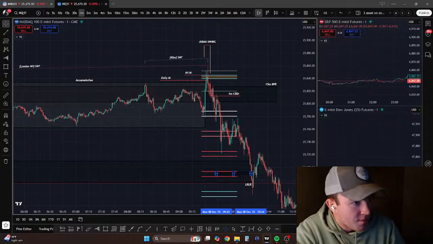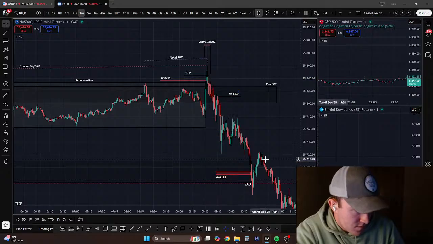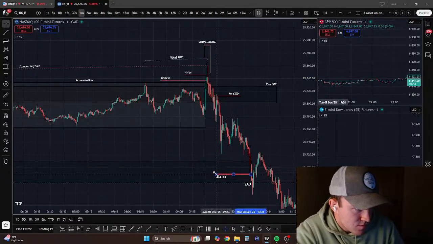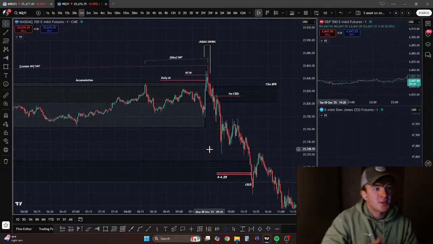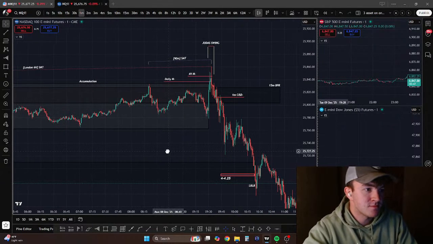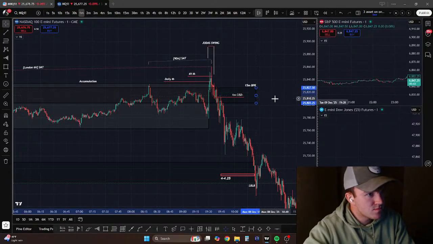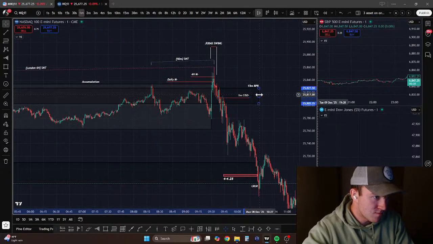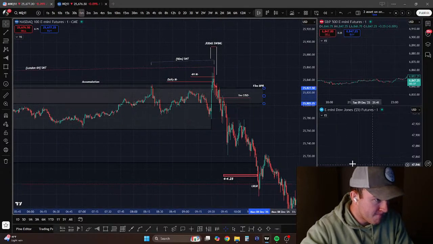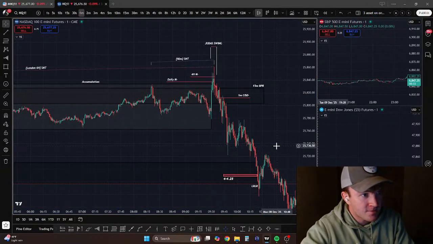So this was also a pin bar trade, I'm pretty sure. We'll look at that in a second, but I'm pretty sure this was a pin bar as well. Guys, we're just getting incrementally better.